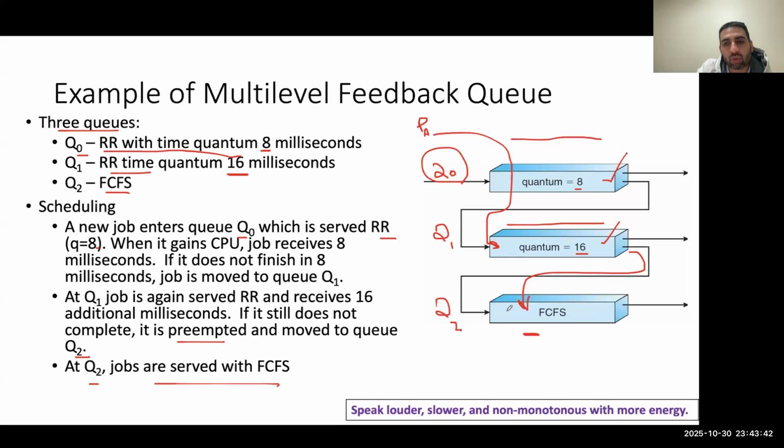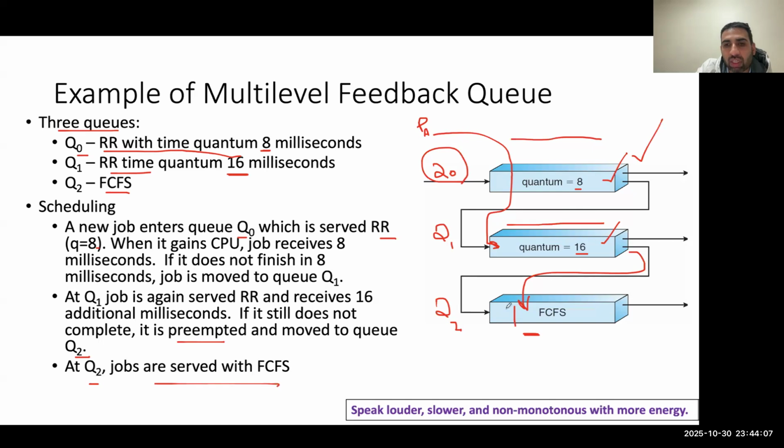There can also be a situation where you move a process from a lower priority queue to a higher priority queue. For example, let's say a process is sitting here in Q2, and we are serving all the processes in Q0, so the process in Q2 never gets a chance.